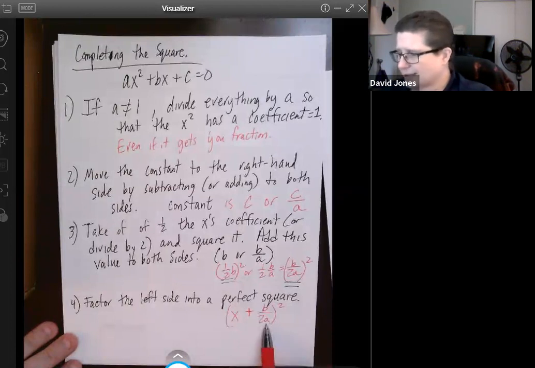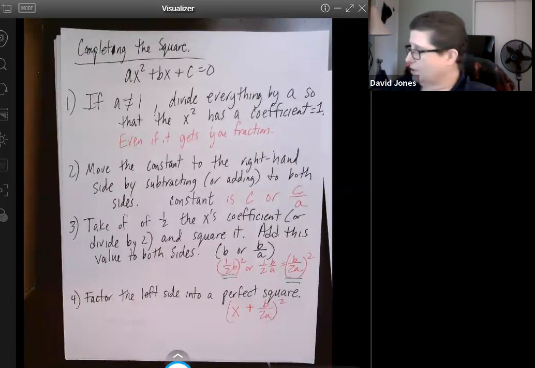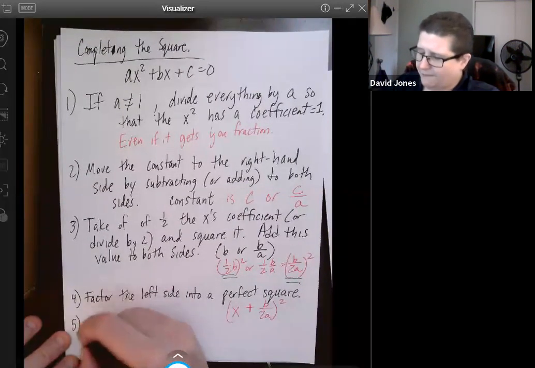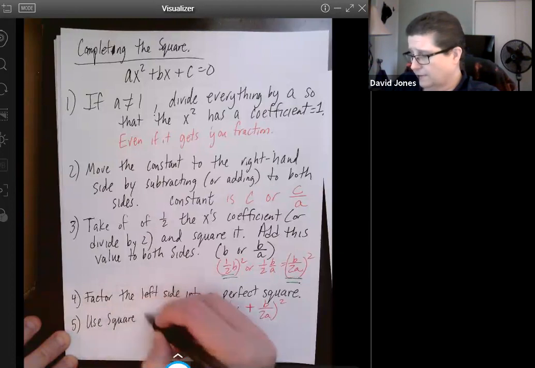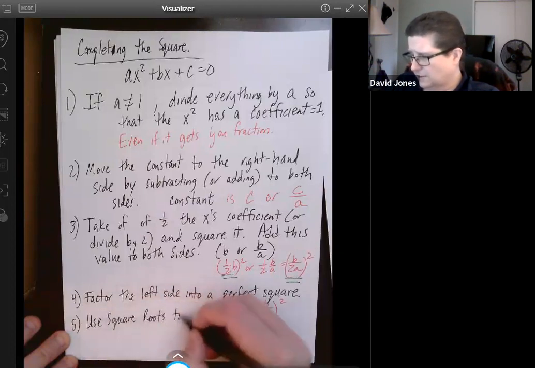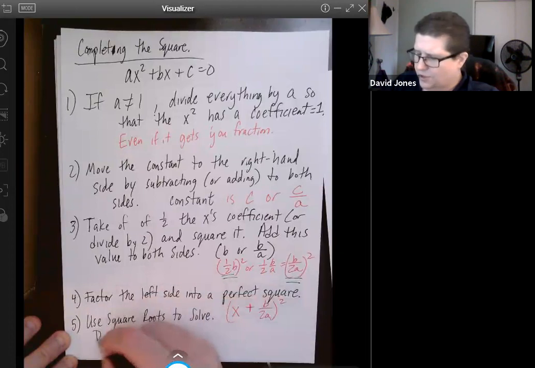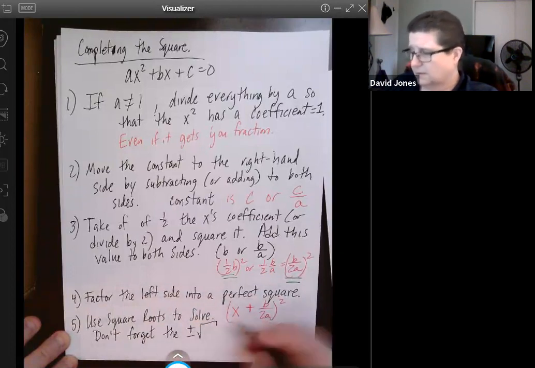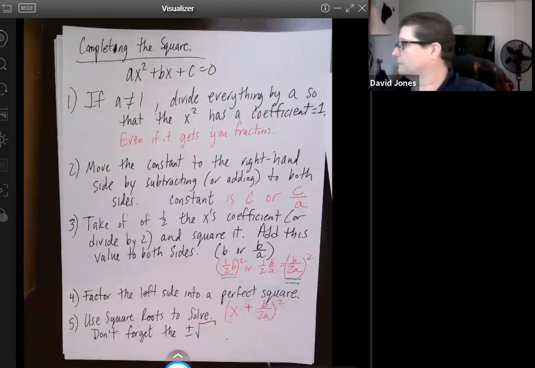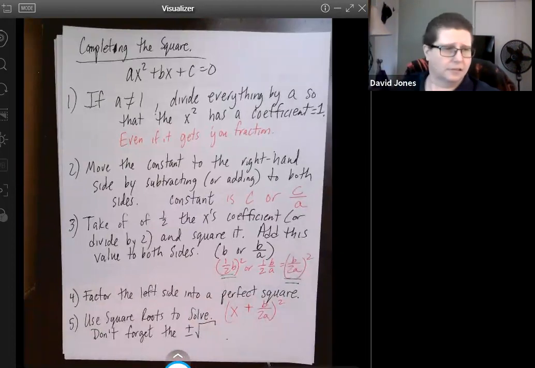You do not need to memorize this little formula, just memorize the technique. Okay, we're going to do some more examples. Finally, step 5, use square roots to solve. Don't forget the plus or minus. All right. Pause for a second. Absorb that.